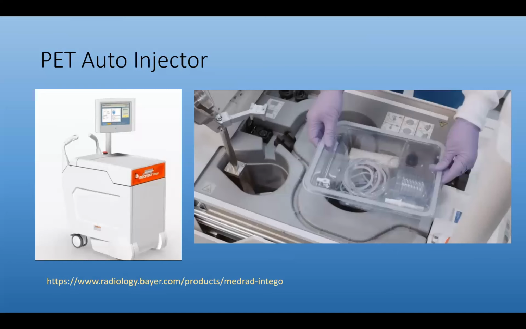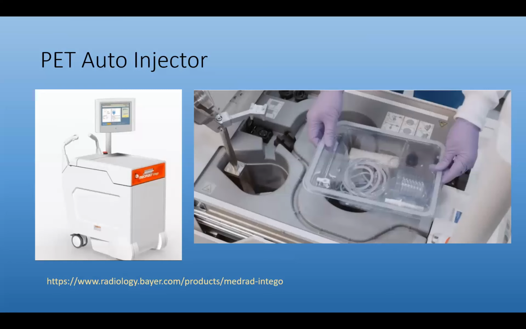So this is a picture of what an auto injector looks like. It's just one type of model. I believe this is the one they've got at PET, and this is all lead lined, and this is sort of what it looks like inside. And basically, you can program the dose or the volume that you want to administer to the patient, and you hook up their IV tubing, and it will inject for you, so that you don't have to be handling the doses on the syringes.